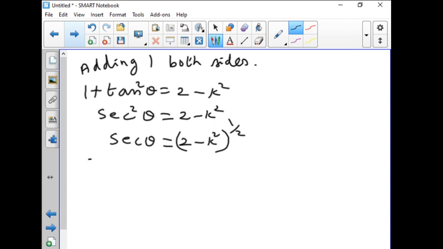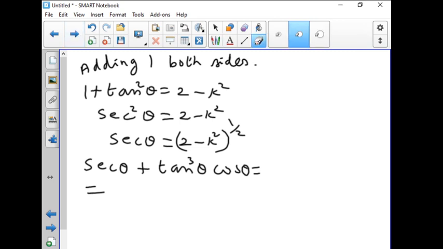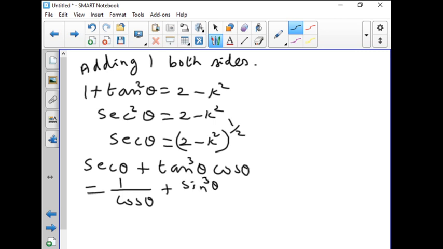Now we have secant theta plus tan cube theta into cosecant theta. What is this? So this is equal to secant theta is 1 by cos theta, tan cube theta is sin cube theta by cos cube theta into cos theta.